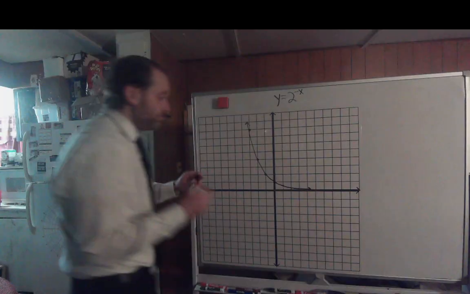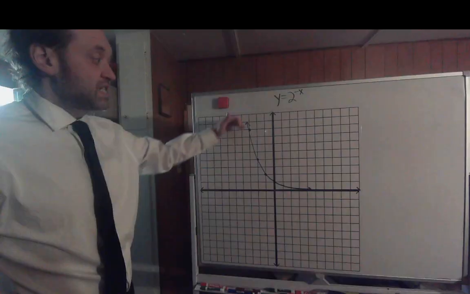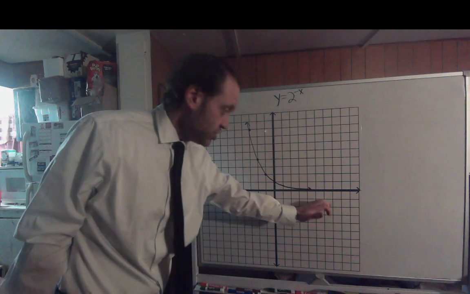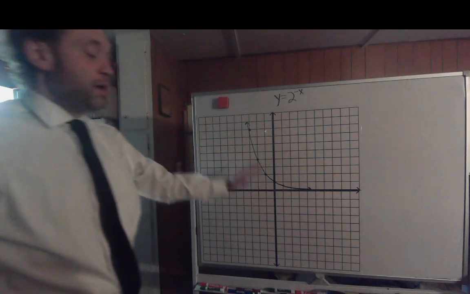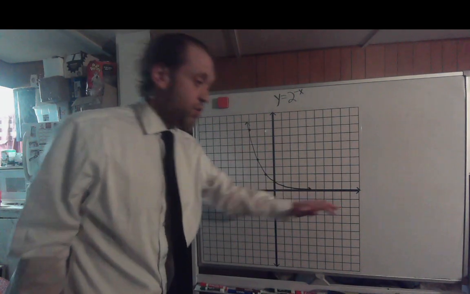Alright, so you see what we got here. This is called exponential decay. Over time, it decays exponentially, but it never actually reaches 0.